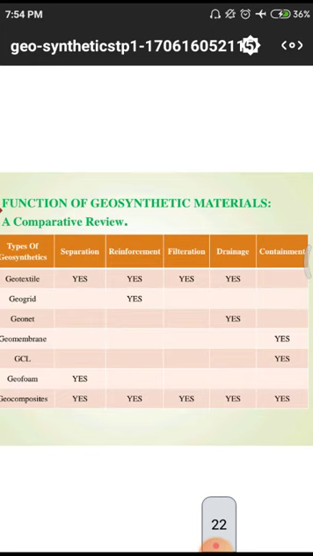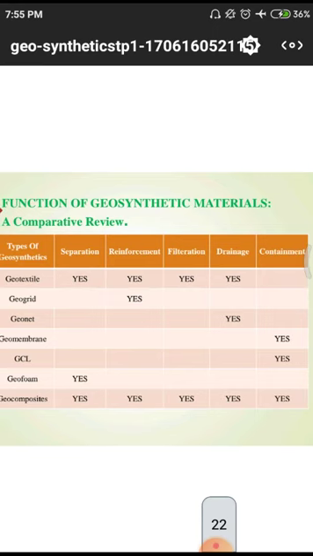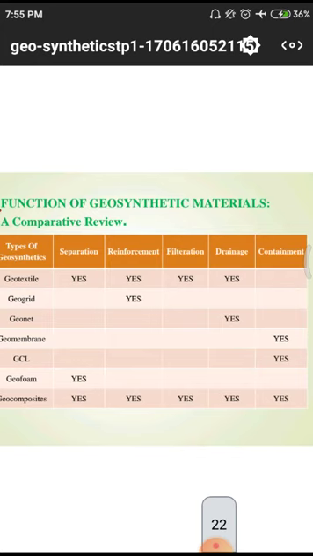And the different characteristics we have to face: first, separation, that means separation of two layers; reinforcement, that means it will give excess strength due to the utilization of materials; and the next one is filtration, that means whenever water is moving through the structure, it has to be filtered; drainage purpose, where we have to drain two different quantities of materials.